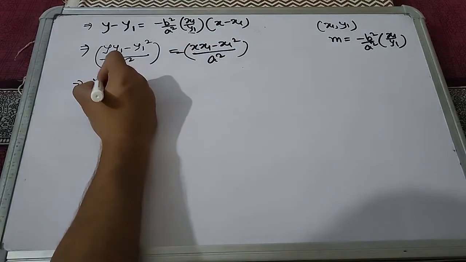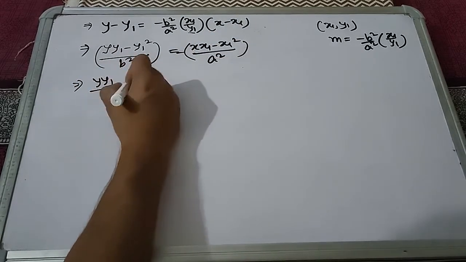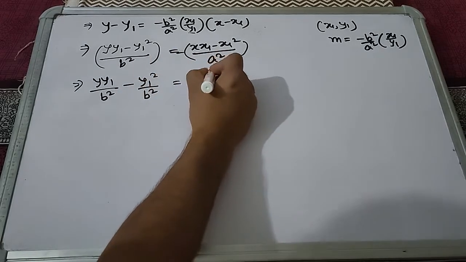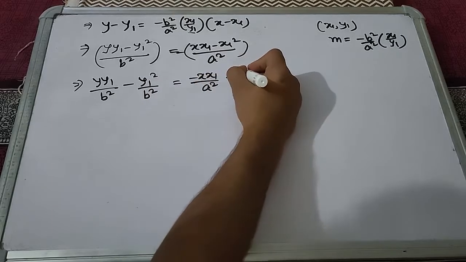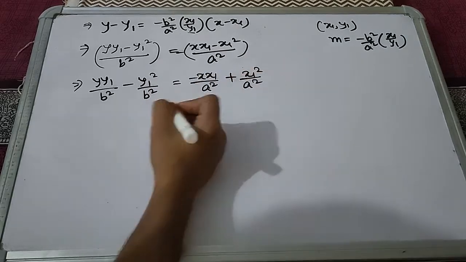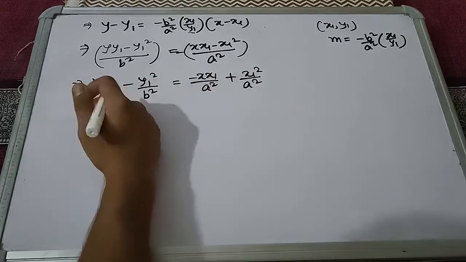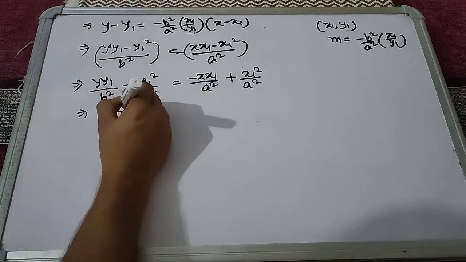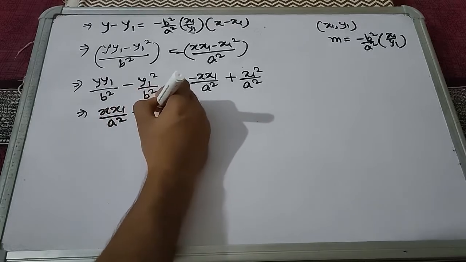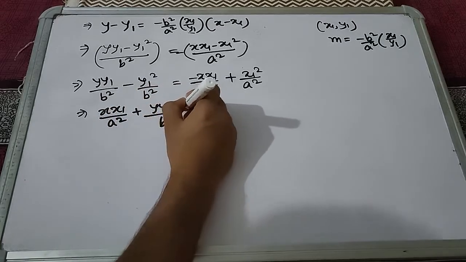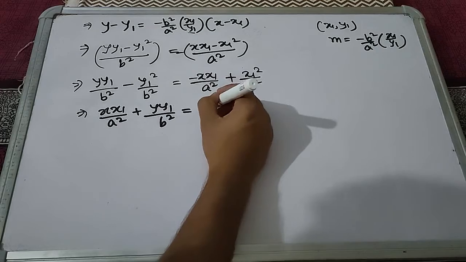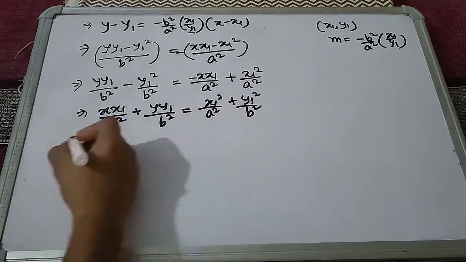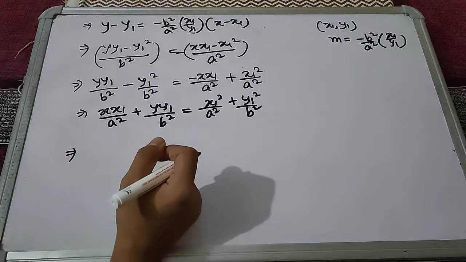So this becomes y1 by b square minus y1 square by b square equals to minus x1 by a square plus x1 square by a square. Bring this to this and send this to that side. x1 by a square plus y1 by b square equals to x1 square by a square plus y1 square by b square.